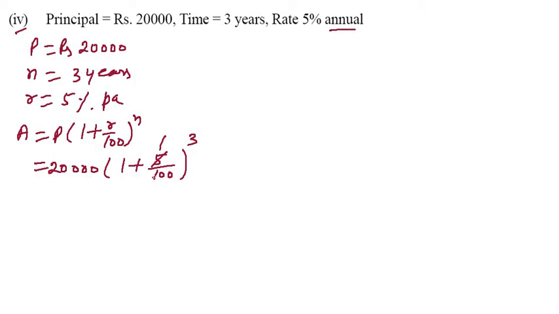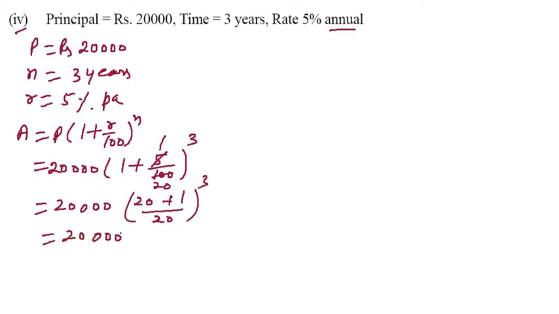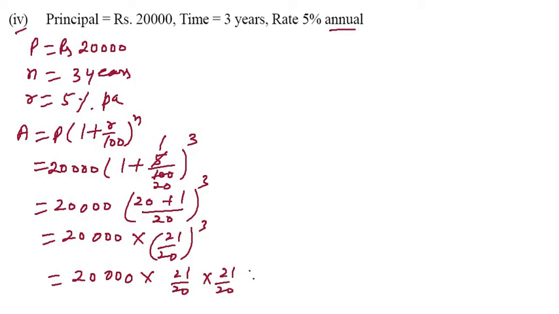So 5 1s are 5 and 5 20s are 100. So you have to write 20,000 into, that will be LCM 20, so 20 plus 1 and whole power is 3. So that will be equal to 20,000 into 21 upon 20 and whole power is 3. So you have to write 20,000 into 21 upon 20 into 21 upon 20 into 21 upon 20.